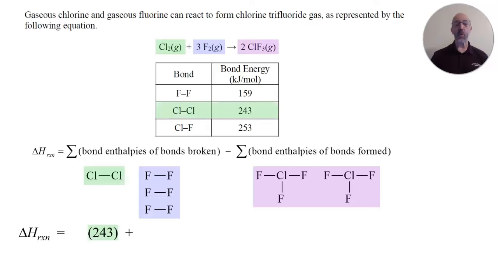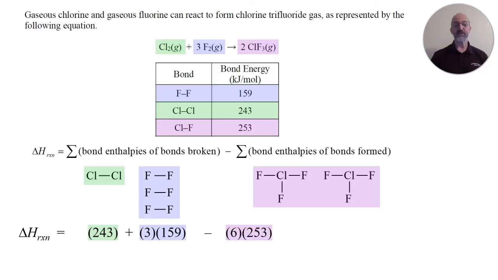And there's only 1 chlorine-chlorine bond that is broken on the reactant side of the equation. I see 3 molecules of F2, so there would be 3 times 159. And on the product side of the equation, I see a total of 6 ClF bonds, so that would be 6 times 253.